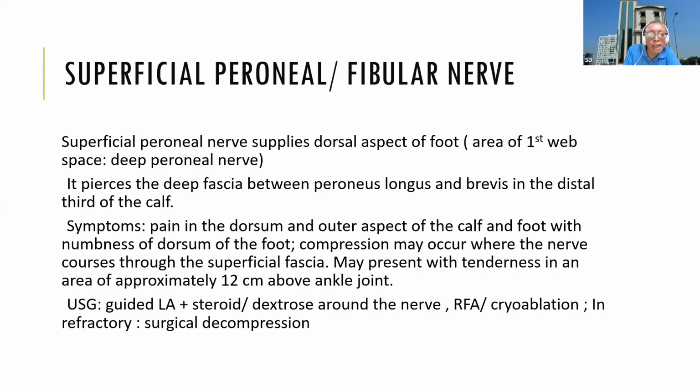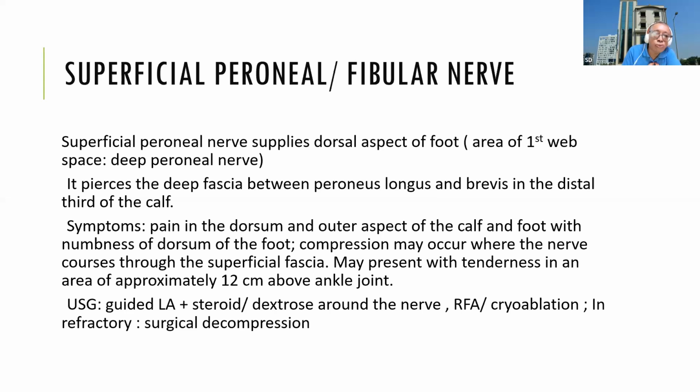So this is one of the areas where it can get impinged. Or when it travels along the superficial fascia, this is also one of the areas where it can get impinged. Normally, the site of impingement is usually about 10 to 12 centimeter above the ankle joint, or proximal to the ankle joint. This is usually the site of impingement of the superficial peroneal nerve.